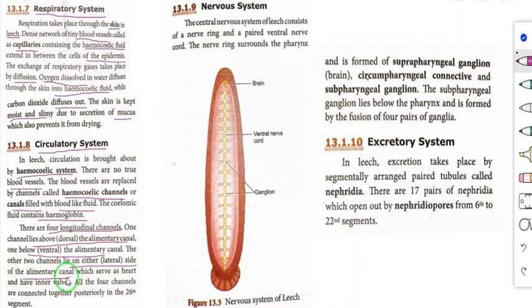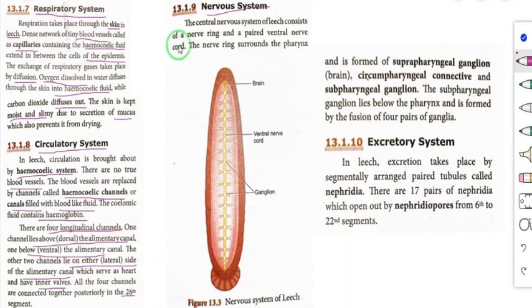So 4 longitudinal channels are present, which serve like a heart as well as inner walls. All the 4 channels are connected together posteriorly in the 26th segment. So in which region are the 4 channels connected? The 26th segment.